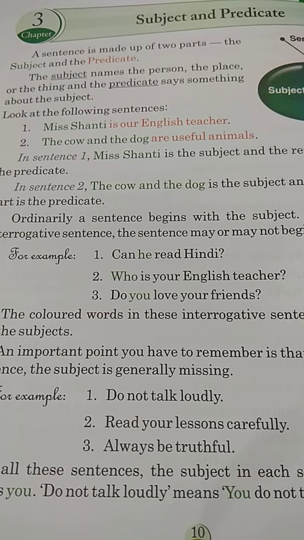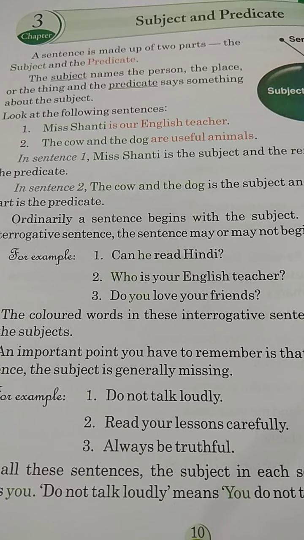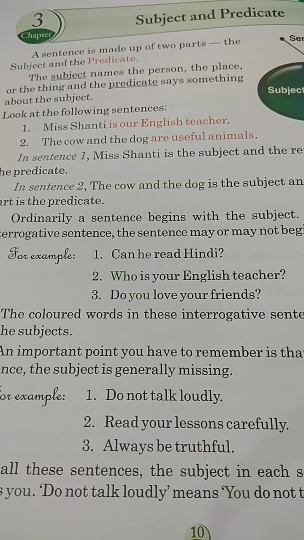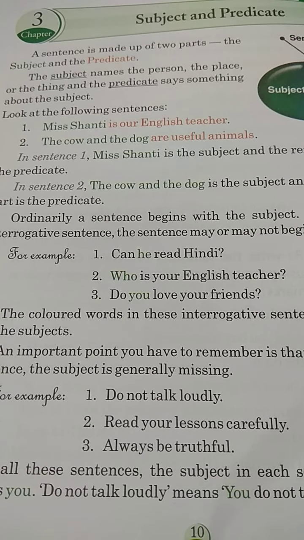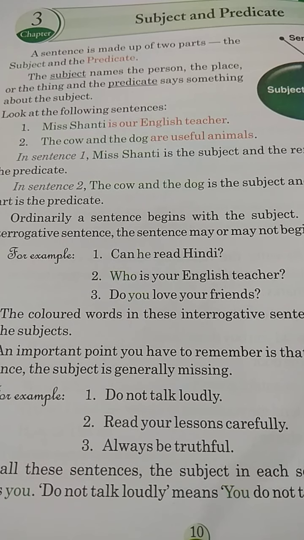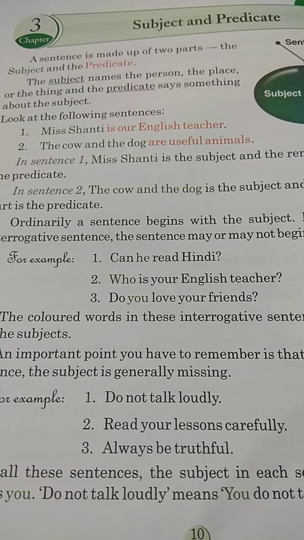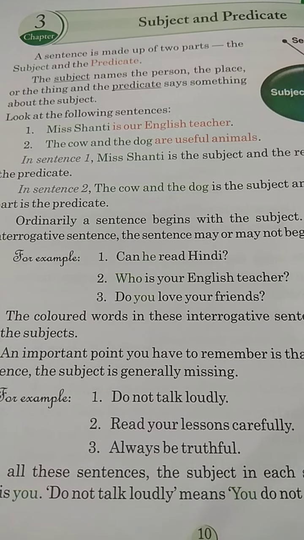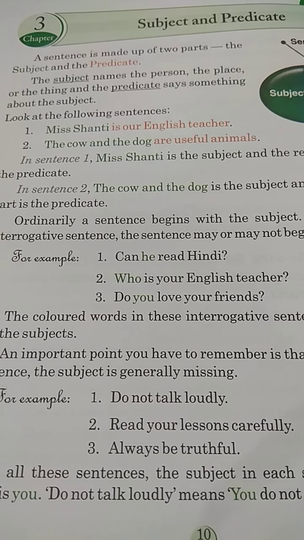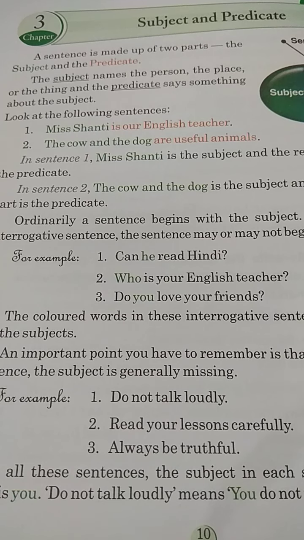A sentence is made up of two parts, the subject and the predicate. The subject names the person, the place, or the thing, and the predicate says something about the subject.